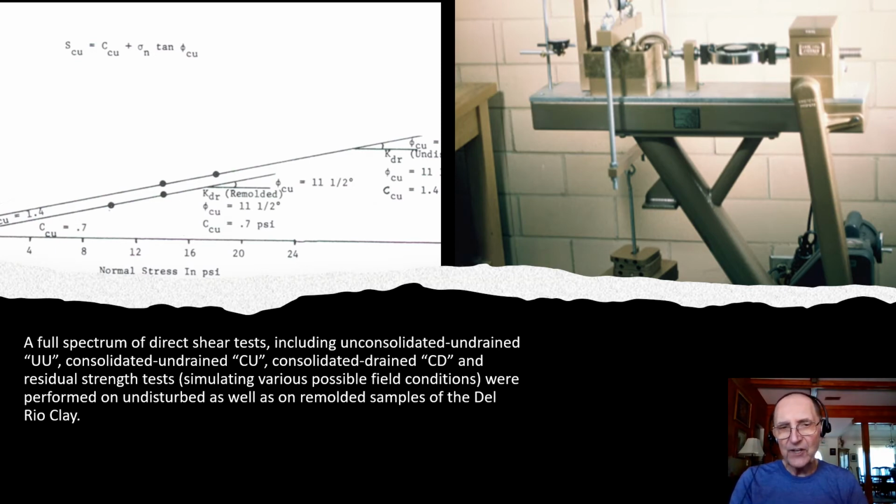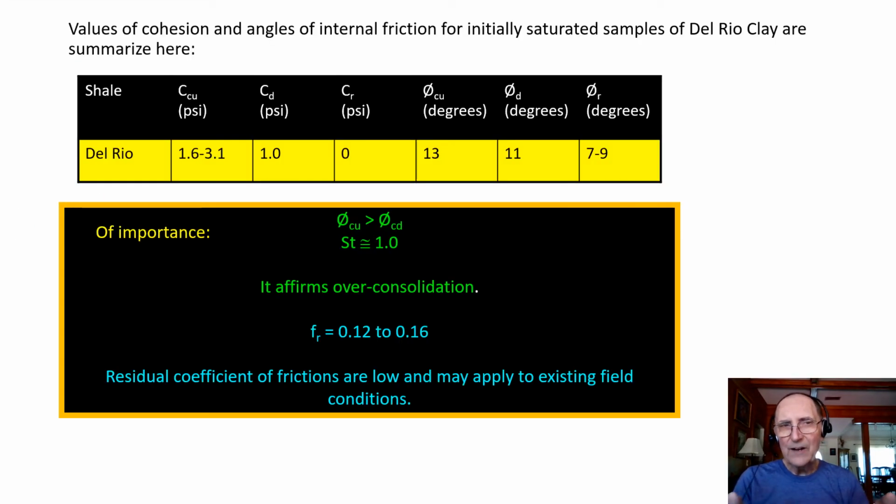Now these range from the unconsolidated undrained to the consolidated undrained, consolidated drained, and residual strength tests, simulating various possible field conditions. Values of the cohesive strength and the angles of internal friction, or if you will, the coefficient of friction for initially saturated samples of the Del Rio clay are summarized in the table that you see here.